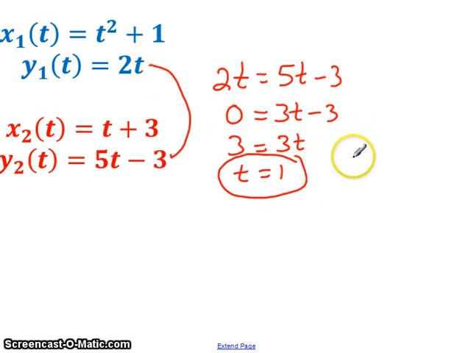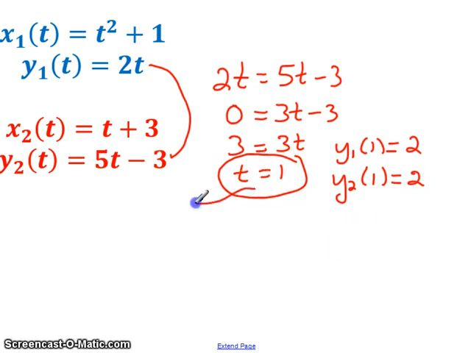In fact, if I plug them in, I'll see that y1 of 1 is equal to 2 times 1, which is 2, and y2 at time 1 is going to be 5 times 1, which is 5, minus 3, which is also 2.